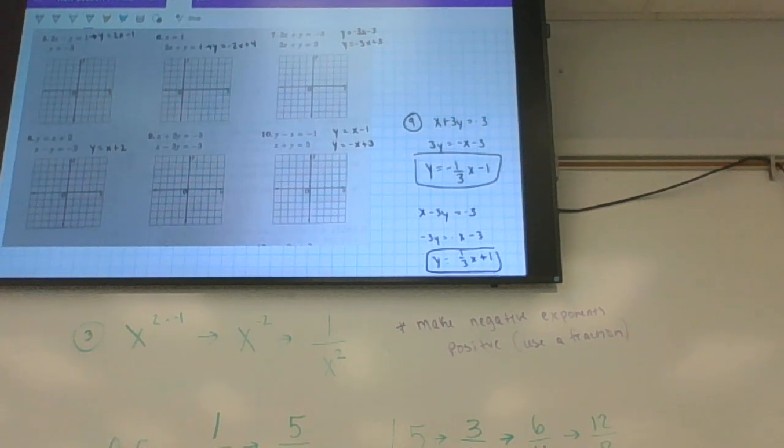I've done that for you, so I expect to see some great graphs on here. Yeah, but the equations are messed up. You have to rewrite them. Oh, she did it for us?